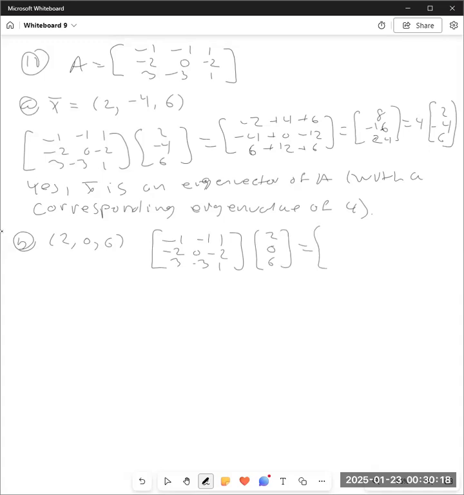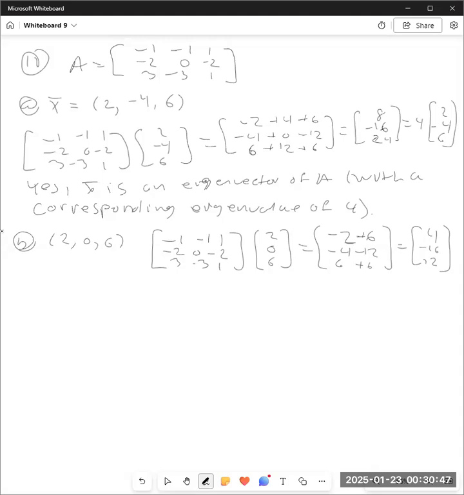That's going to be -2 plus 6, -4 minus 12, 6 plus 6, which is 4, -16, and 12.